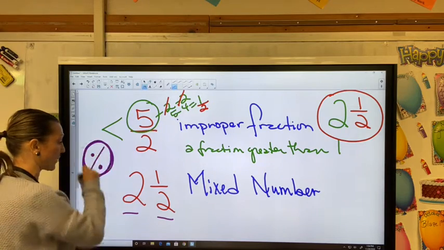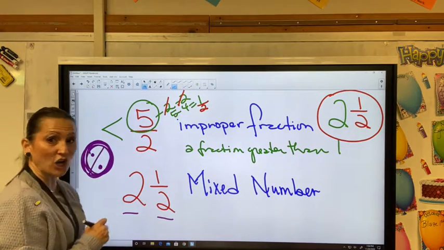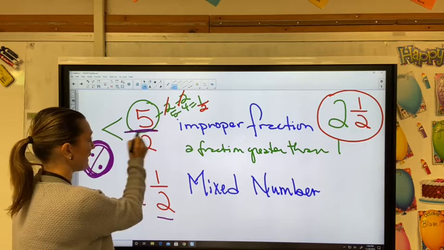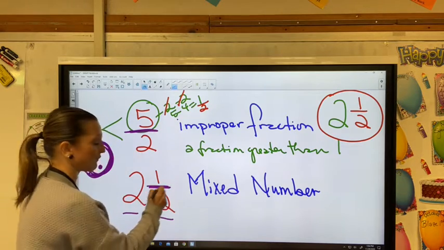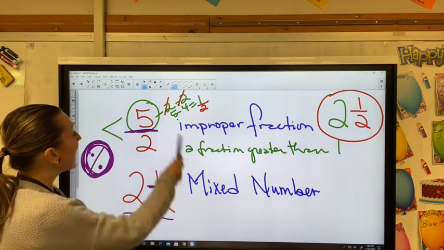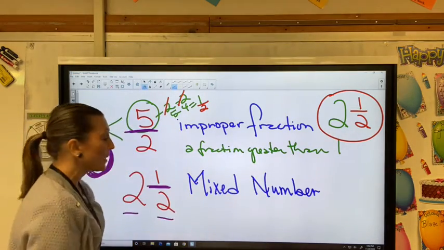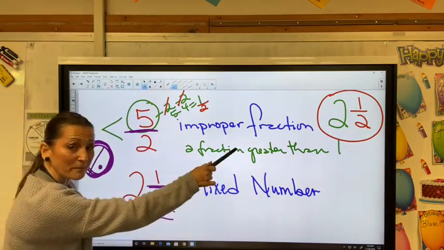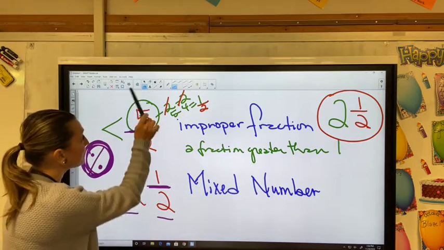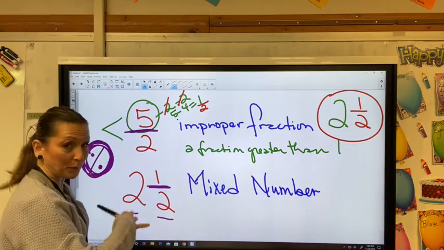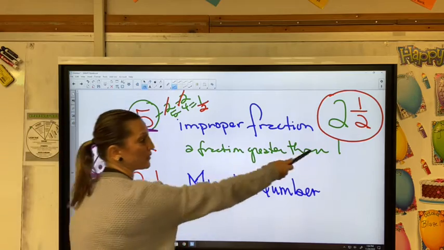We need to make sure we make that clear. Fractions are division. These are division lines right here. So I can take that improper fraction and turn it into a mixed number. Well, just as I can do that, I can take a mixed number and turn it back into an improper fraction, or a fraction greater than 1.